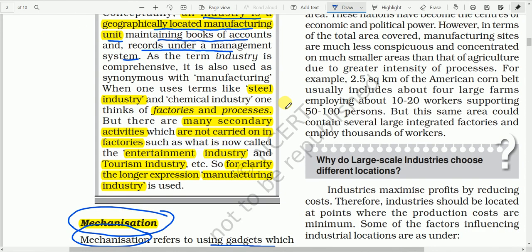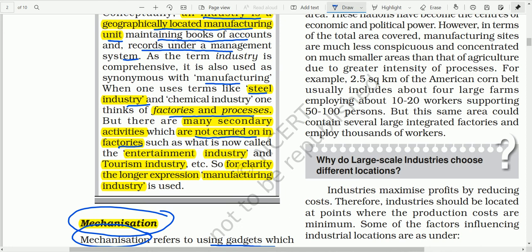However, you must know that the term industry is comprehensive. It has a very big meaning, and it is also used as a synonym for the word manufacturing. But see, when one uses a term like steel industry or chemical industry, we think of factories and processes. However, there are many secondary activities which are not carried out in factories or buildings.